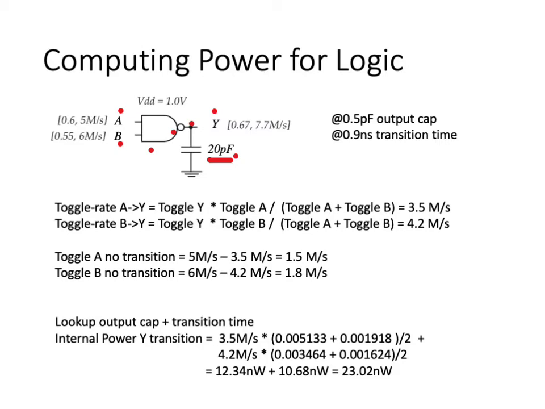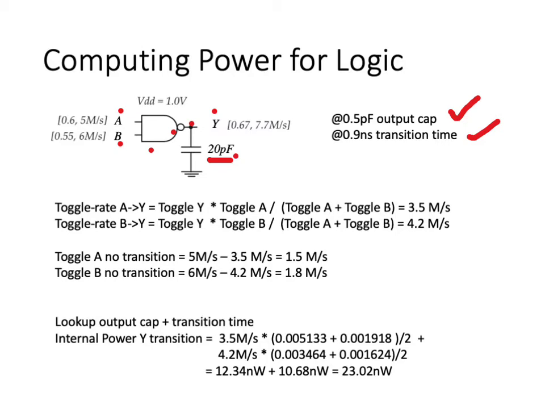As further information, the diffusion capacitance of this particular gate, that is an indirect measure of its size, is given as 0.5 picofarads, and we know that the transitions at all the inputs A and B occur over a time scale of 0.9 nanoseconds.